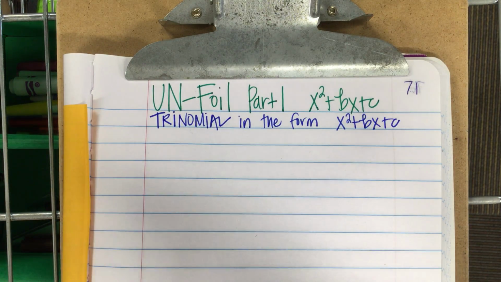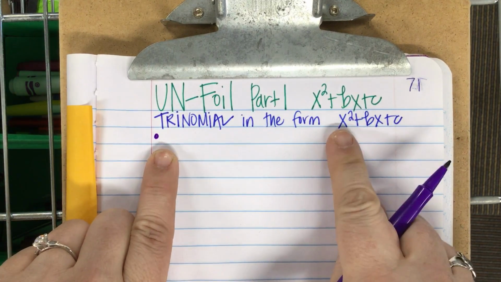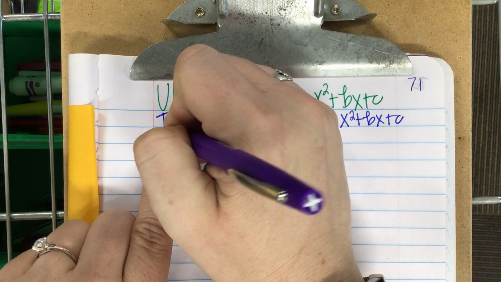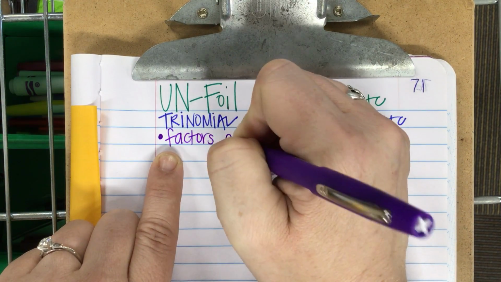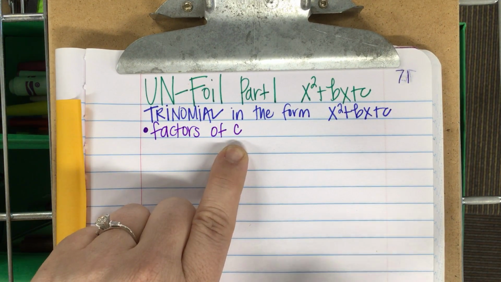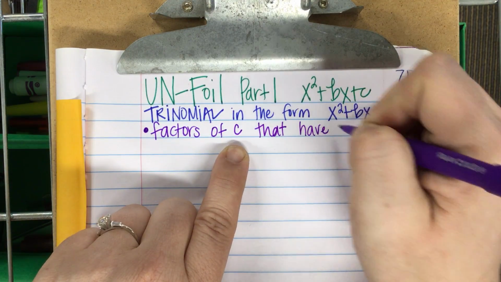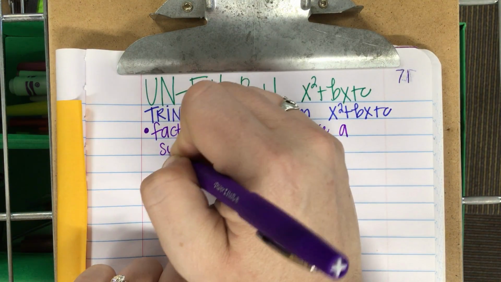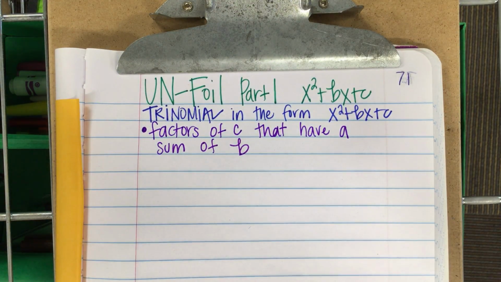And all we're looking for today, when we have this trinomial, is factors of c that have a sum of b.